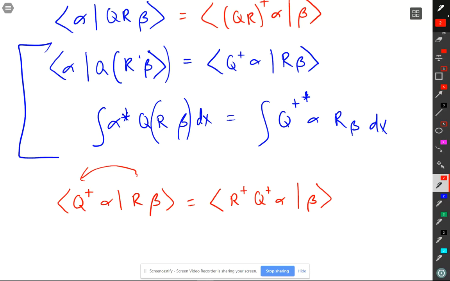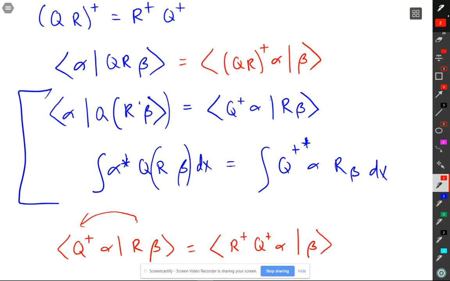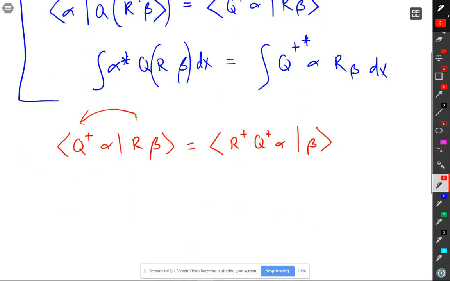So you understand why we brought them over one by one, and it had the net result of me changing the order from QR to RQ. And so by definition, this right here is the adjoint of what we started with.